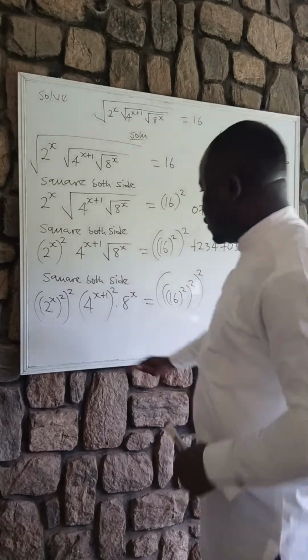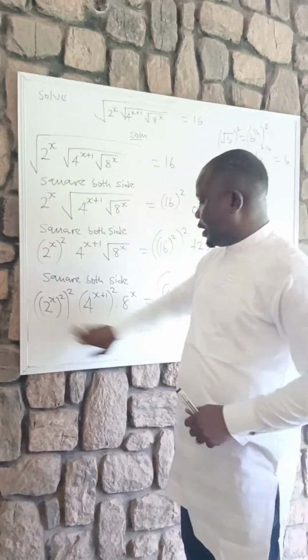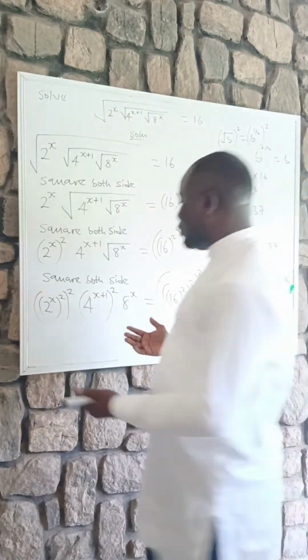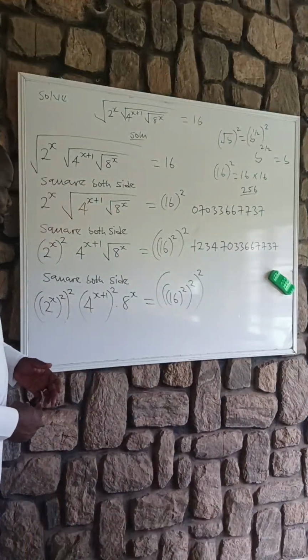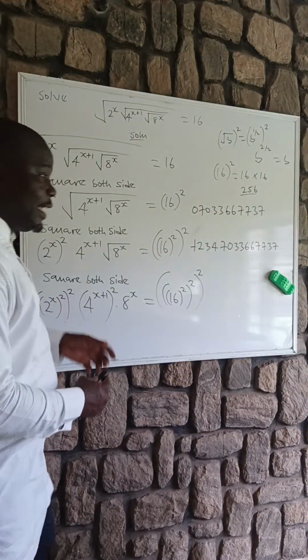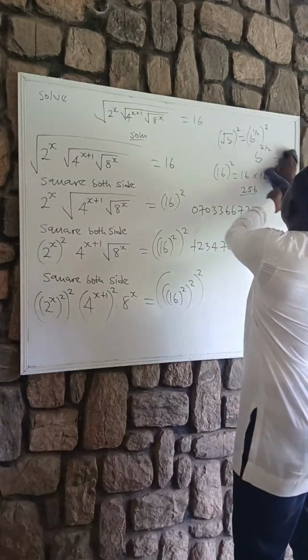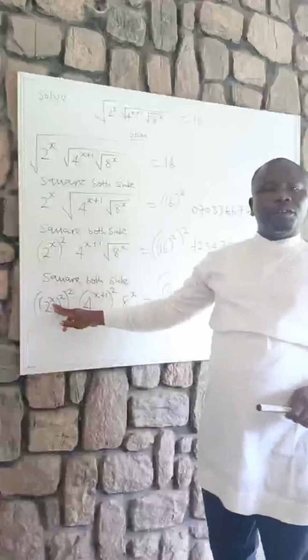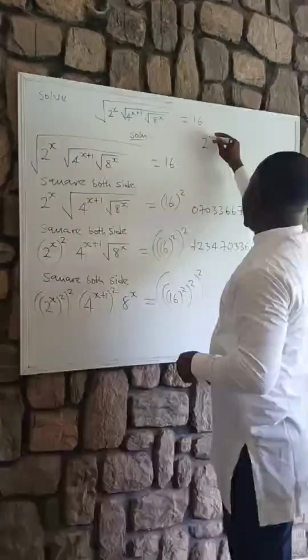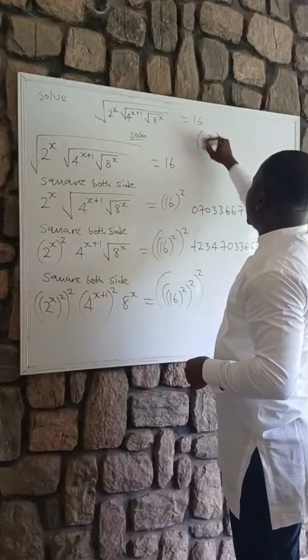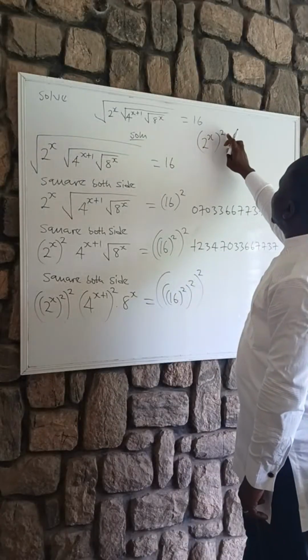So as you can see now, you don't need a prophet to tell you. Like in indices, when we have 2 raised to the power x, in bracket, raised to power x, you use this x to multiply.